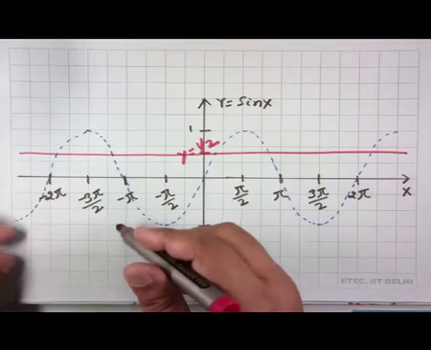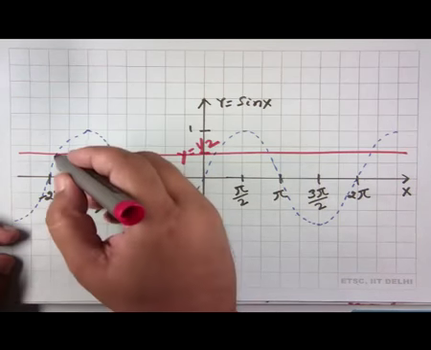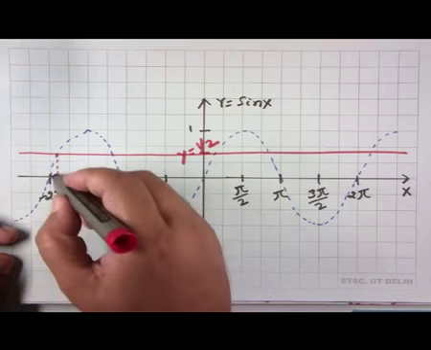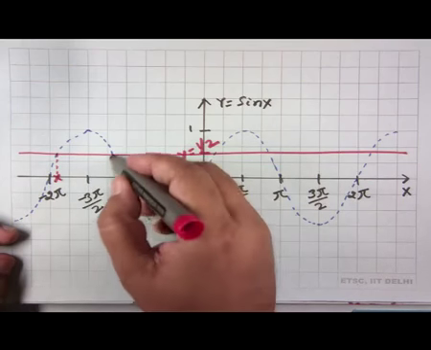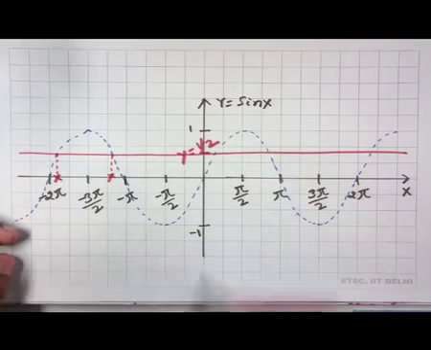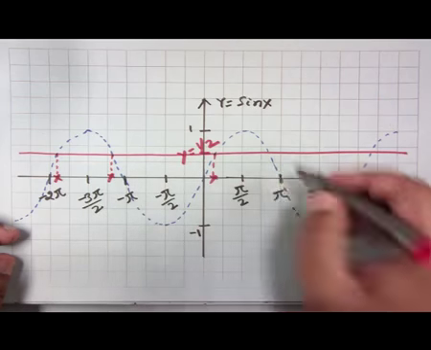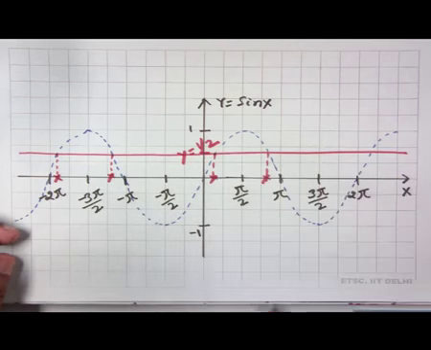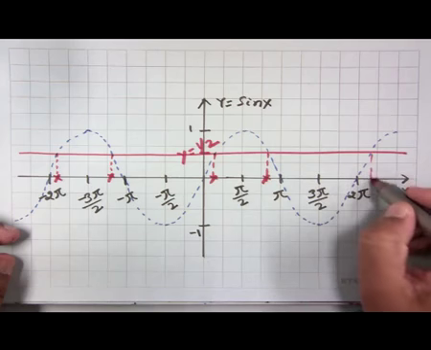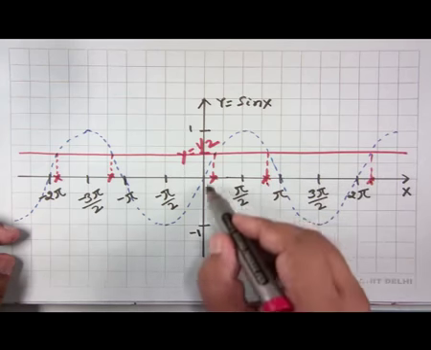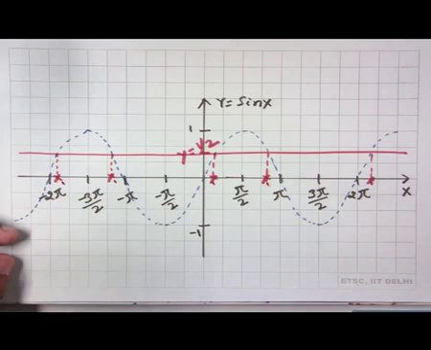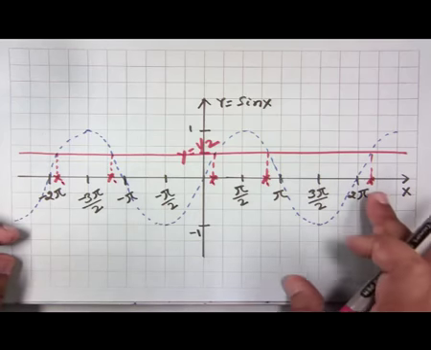Then what we see is that there are many values of x, for example, this value and this value here and this value of x. All these values of x are such that sine of x is equal to half, and there are infinitely many actually.